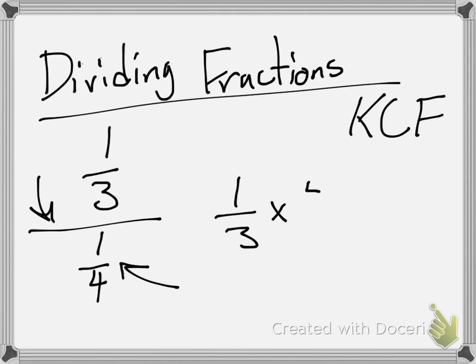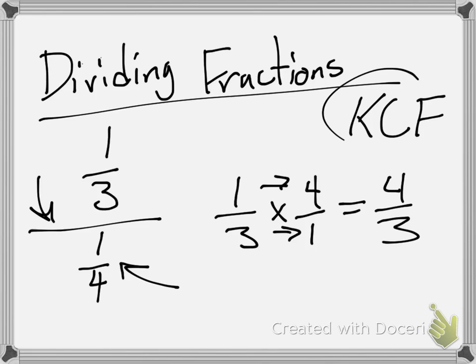So 1/4 flipped over is 4/1, and remember, when we're multiplying fractions, we just go top to top, bottom to bottom, and then we get 4/3. So it's very important that no matter what kind of fraction you have, when you're dividing, that we do keep, change, flip, because it's the simplest way to do it.